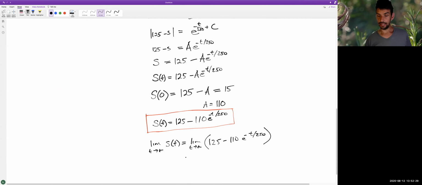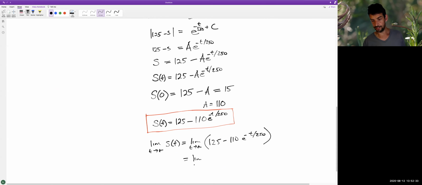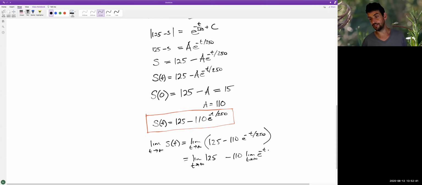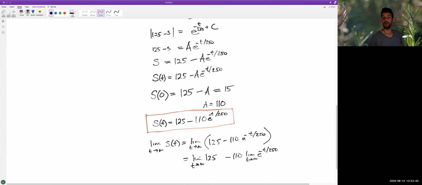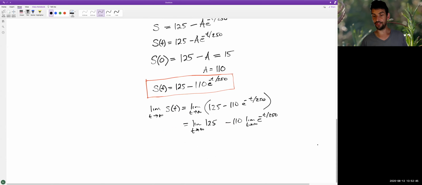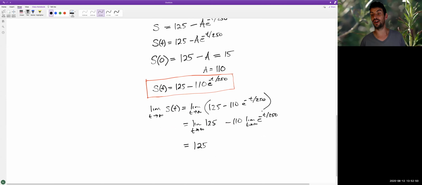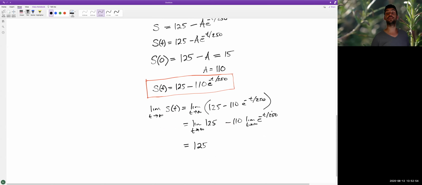And if we remember our limit rules, we get the limit as t goes to infinity of 125 minus 110 times the limit as t goes to infinity of e^(-t/250). Well, the limit of the constant, nothing changes about the number 125 as t gets bigger, so this is 125. This piece, e^(-t/250), goes to 0.